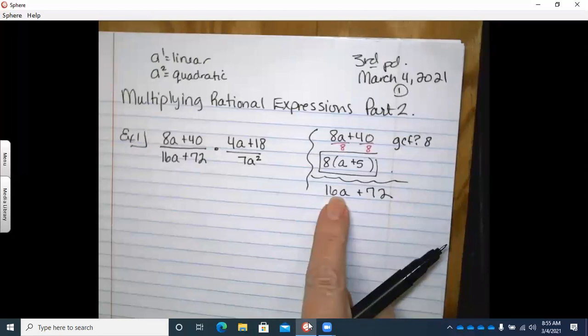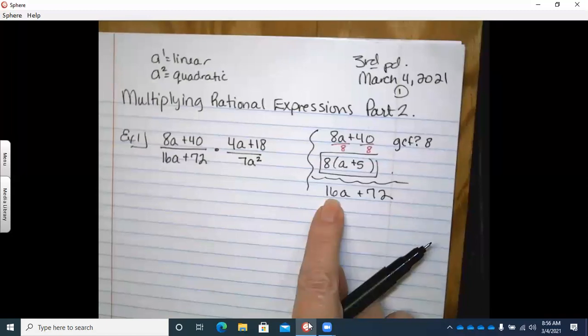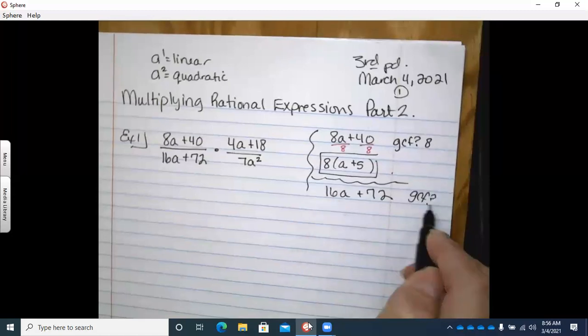So give me another factor of 16. 8. 8 divides into 16 evenly. Does 8 divide into 72 evenly? You got a calculator? Yes, it does. So the only factors of 16 are 1, 2, 4, 8, and 16. 16 didn't work. The next largest one is 8. 8 will divide into both terms evenly. So 8 is my GCF.